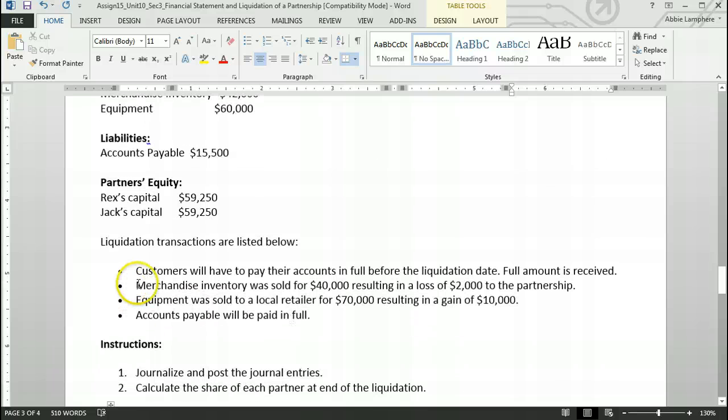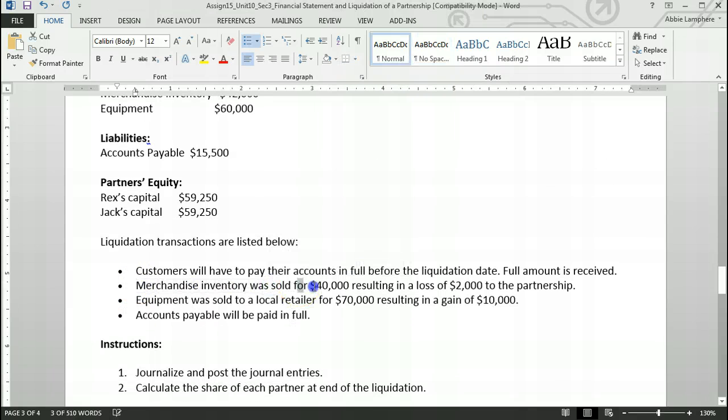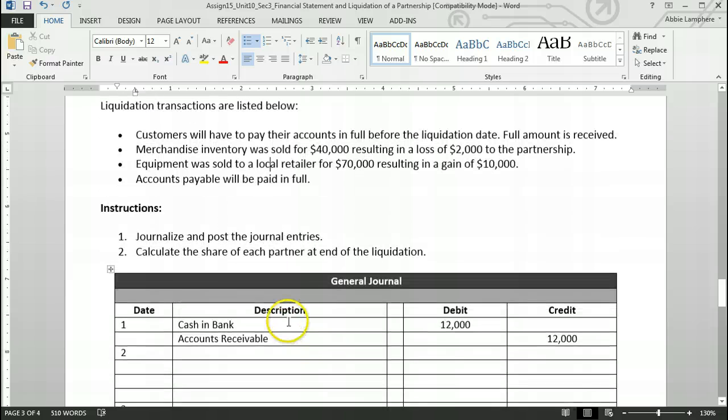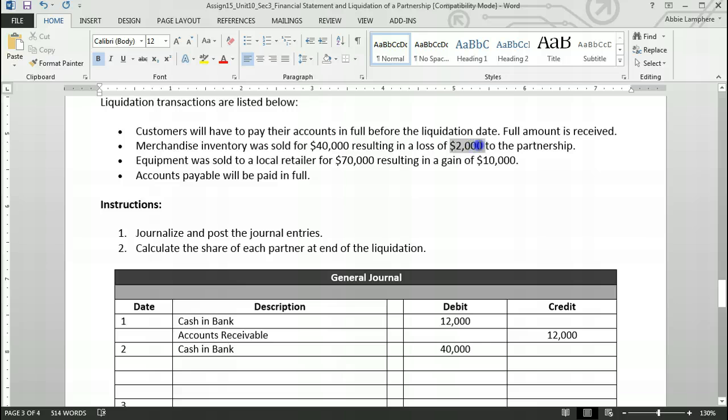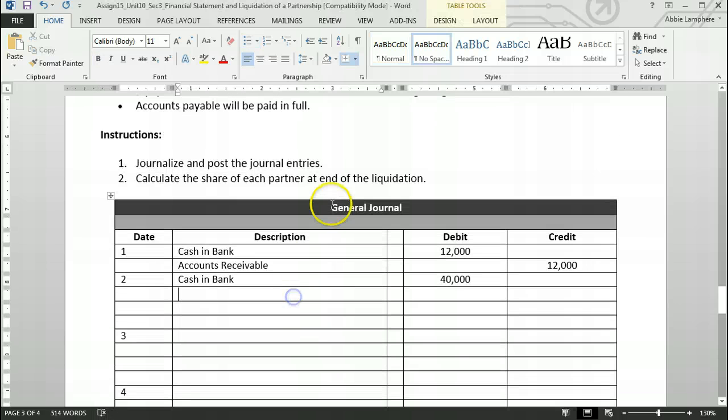The next bullet point says merchandise inventory was sold for $40,000, resulting in a loss of $2,000 to the partnership. So now we have to record a loss. Again, we're going to go down to our journal. We're going to start with cash in bank. We sold the merchandise, and we received $40,000. But we had to take a loss of $2,000. So this has to come from our partnership's capital. So we have, this is Rex.